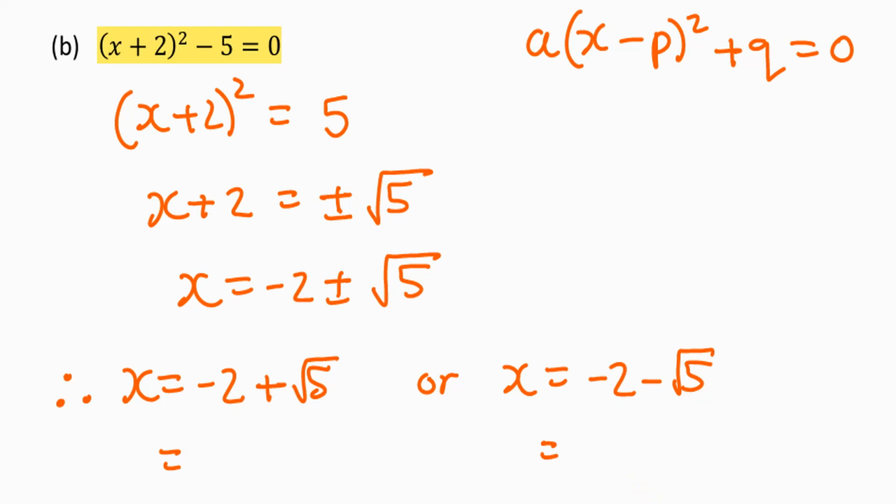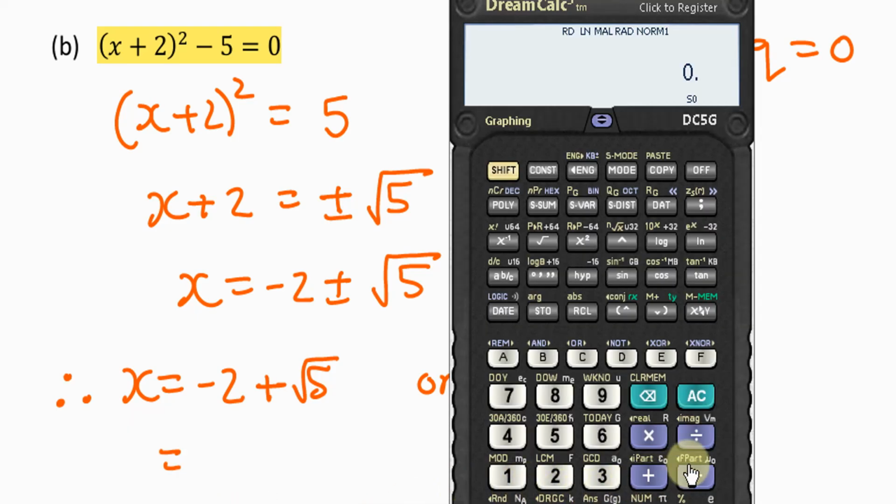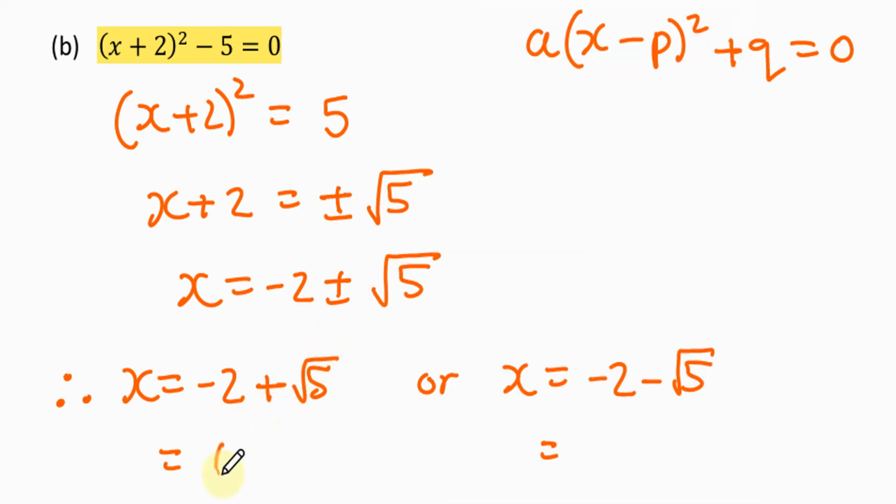We can do these on a calculator. So -2 plus square root 5, and that is 0.236, correct to 3 significant figures.